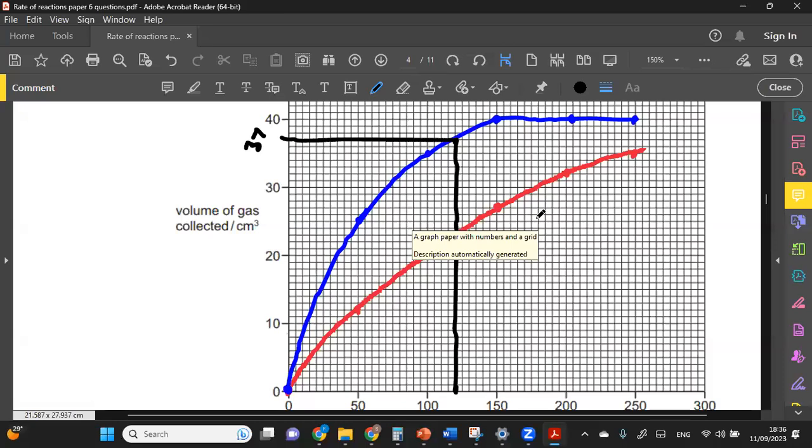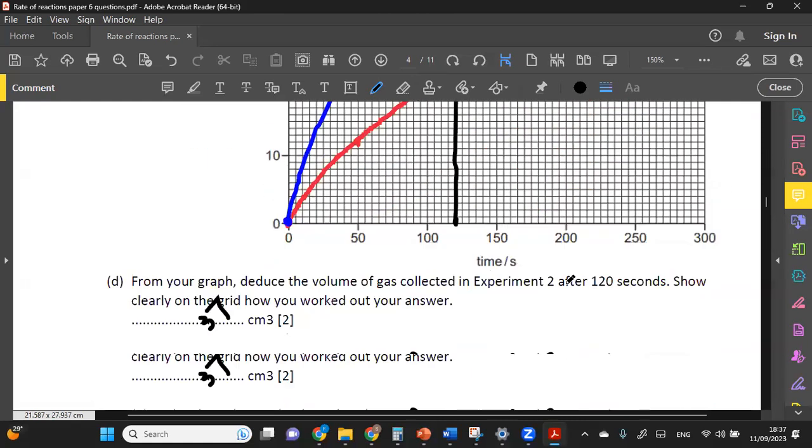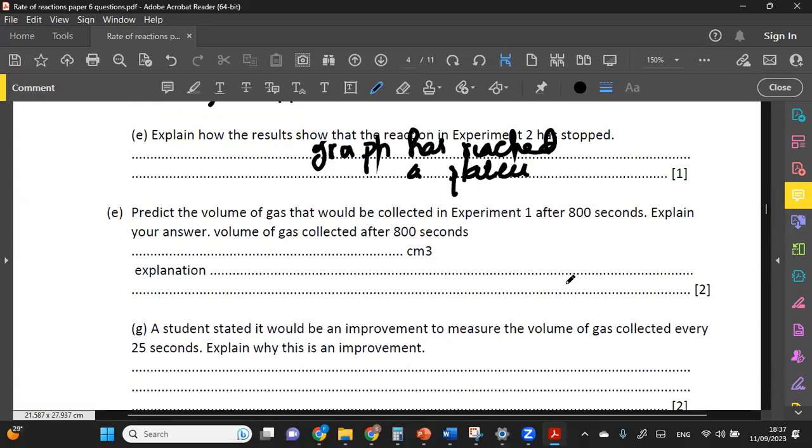So by the time I reach 800 seconds, I would most definitely have reached the maximum volume that can be collected, and that is 40. So it's gonna stay the same. So that's exactly what you're going to see over here. The maximum volume of the gas that's probably collected is around 40 centimeter cube.